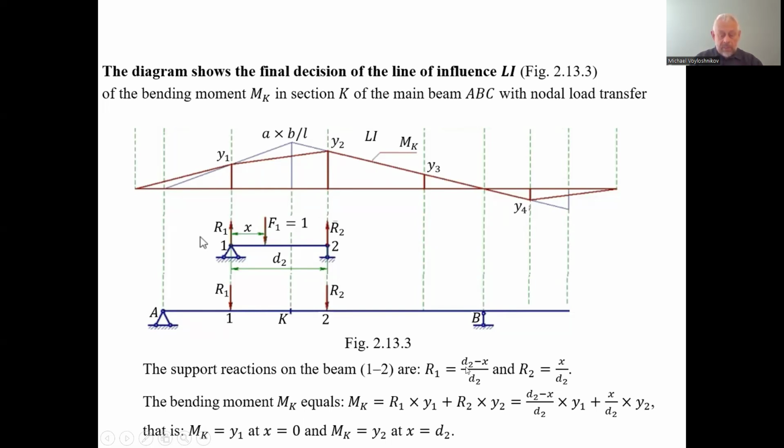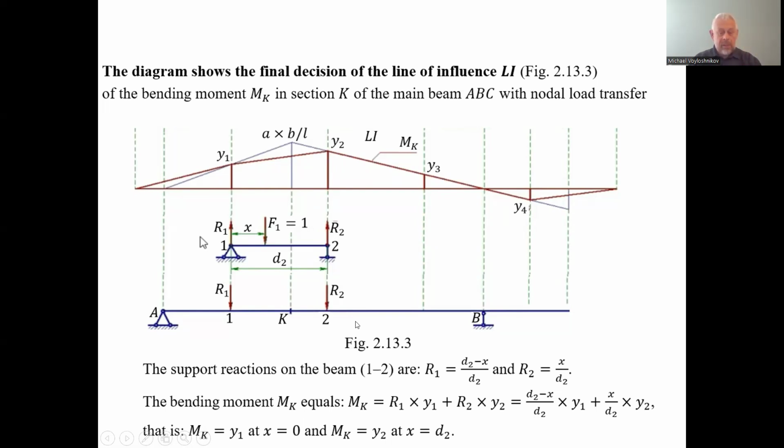So we substitute these equations for R1 and R2 into the equation for the bending moment in the point K of the main beam, and we find that the bending moment in point K is a linear dependence on the location of the point of application of force 1 along the span 1, 2 of the panel of the auxiliary beam.